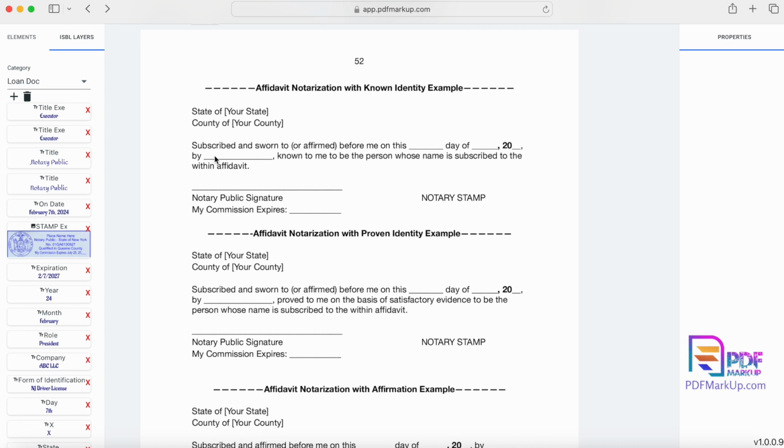So by John Doe in this case, but in your case, it'd be the person who you are notarizing, and that you also know, because you're saying that you know this person as such and such. So I know John Doe as John Doe. So by John Doe, known to me to be the person whose name is subscribed to within the affidavit.